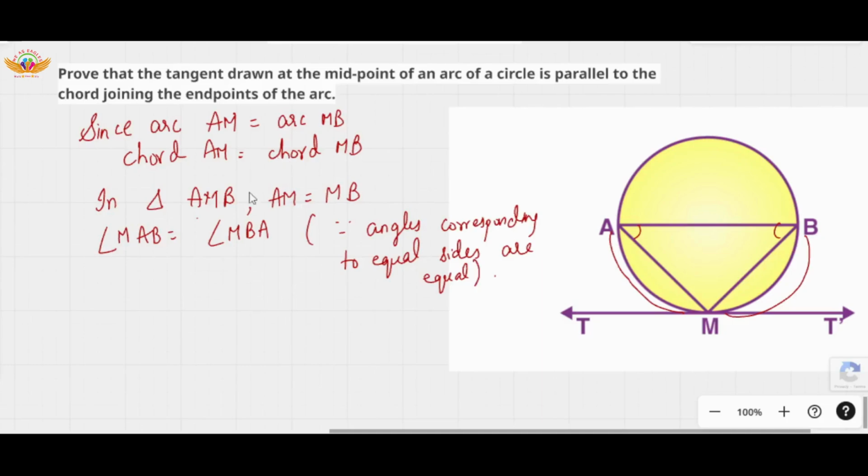Okay, done. Since this TMT dash is a tangent, so what can we do here? It's a tangent, right?